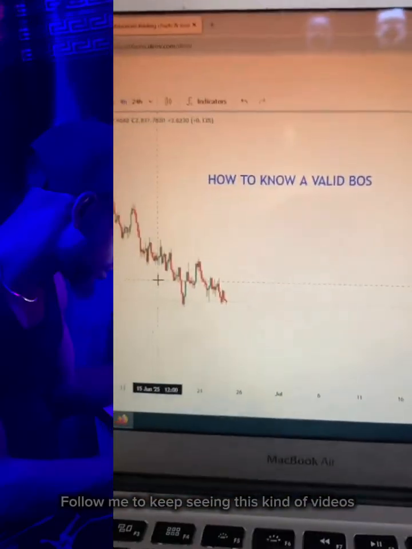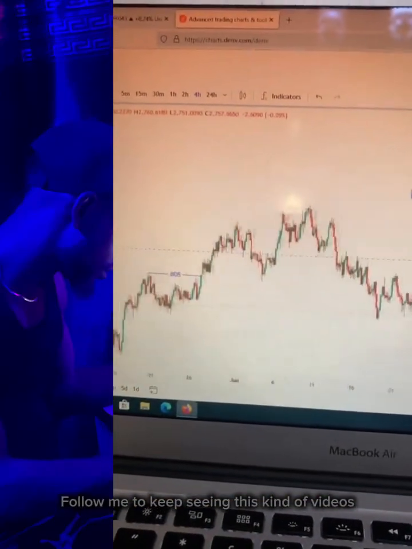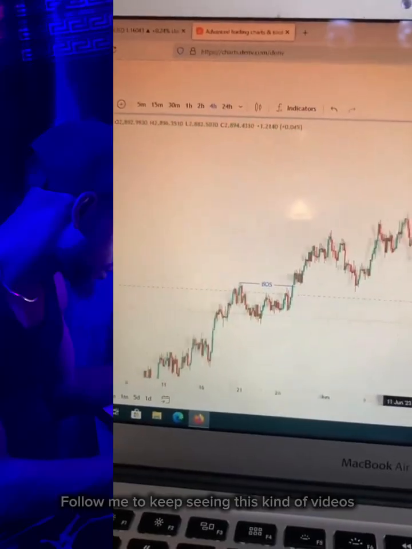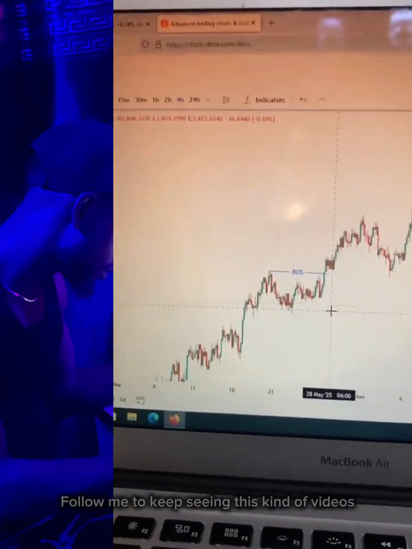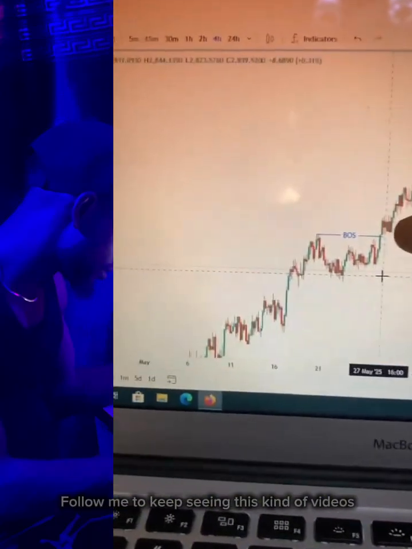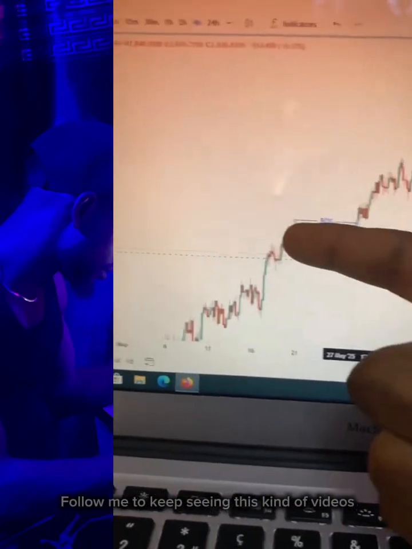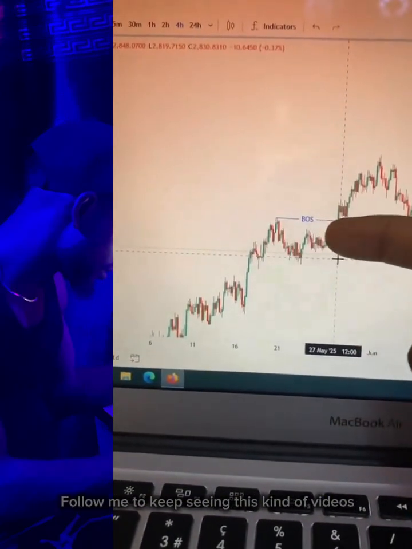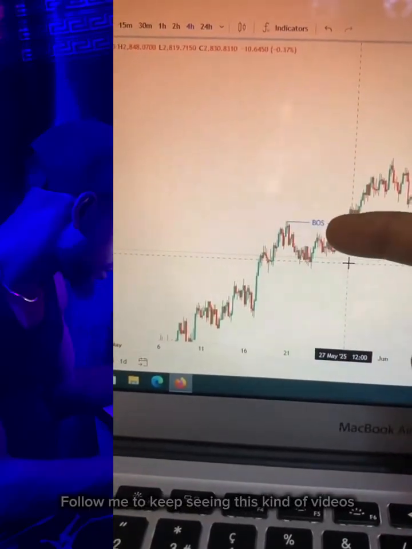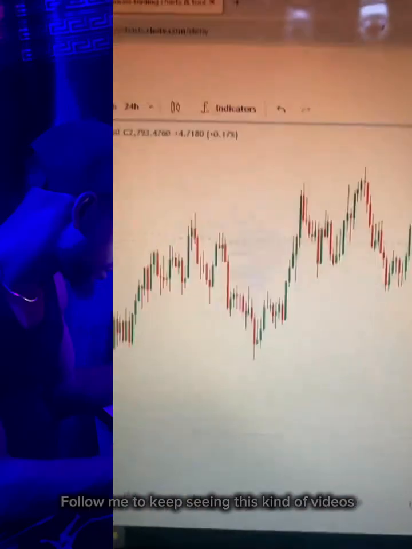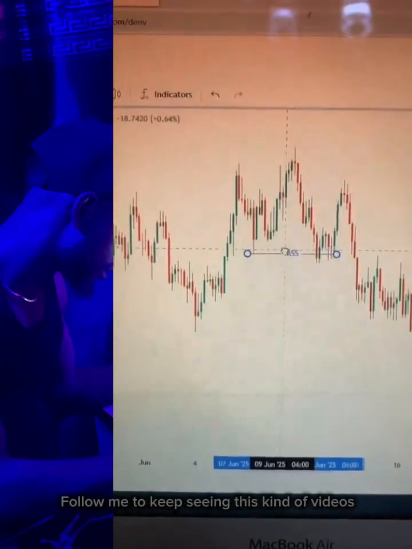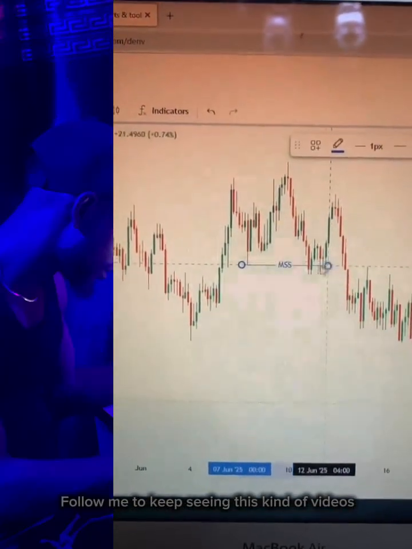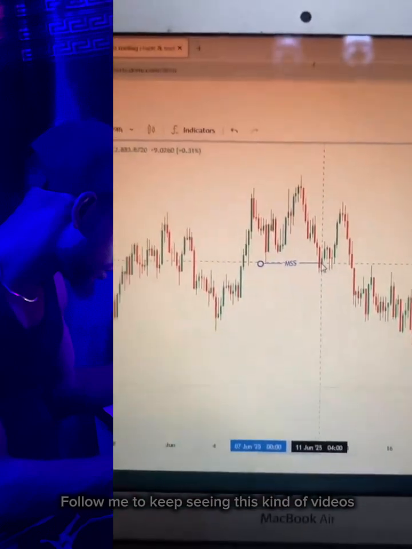A break of structure is a term used in technical analysis to describe when the market breaks a previous high. What happened there? Price broke from this previous high. You see, price breaks out from this previous high or previous low. Price breaking out from this previous low here.